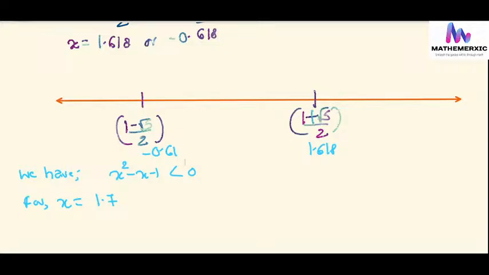So what is the value here? Let us see: 1.7 whole square minus 1.7 minus 1.